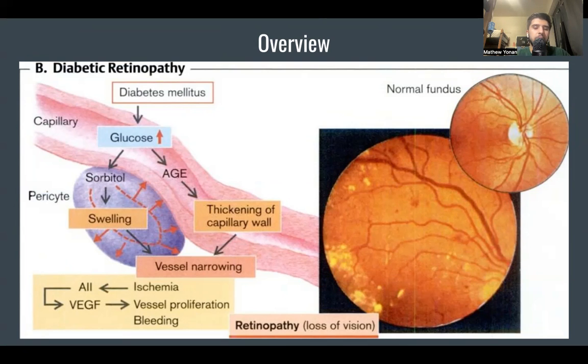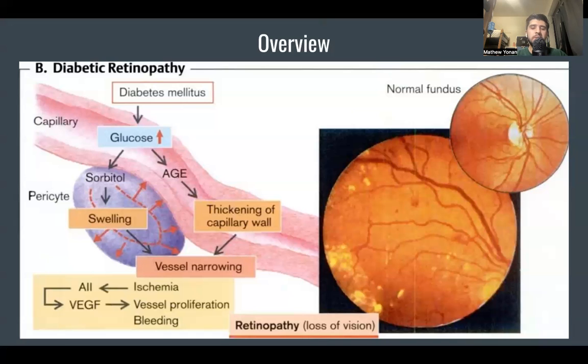After all that damage builds up over the years with poor blood glucose control, you eventually get ischemia because of the decreased blood flow, which leads to decreased oxygen to the retina, right? This promotes the homeostatic negative feedback function of increasing VEGF, vascular endothelial growth factor, which then leads to vessel proliferation, right? We're in the third stage now.